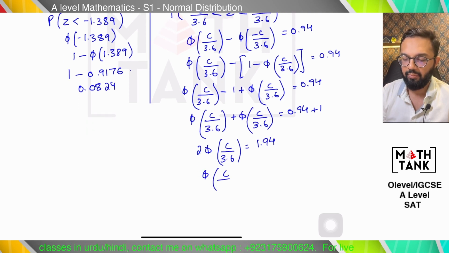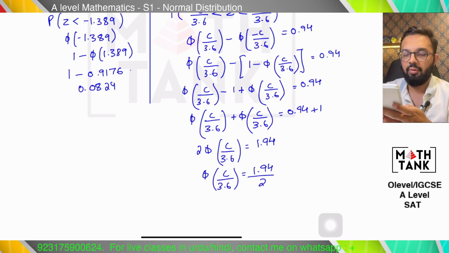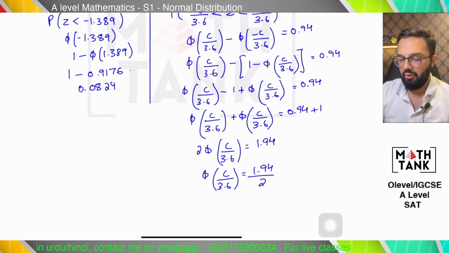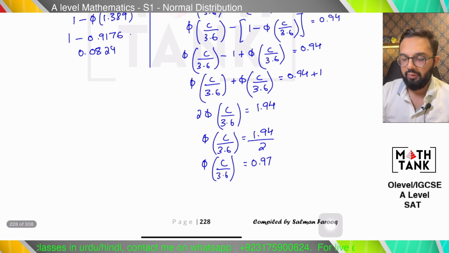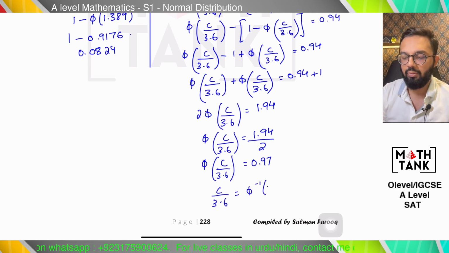Phi of c over 3.6 is 1.94 divided by 2, which is 0.97 on the other side. So now it's possible to do phi inverse. All of this was to enable me to do phi inverse.